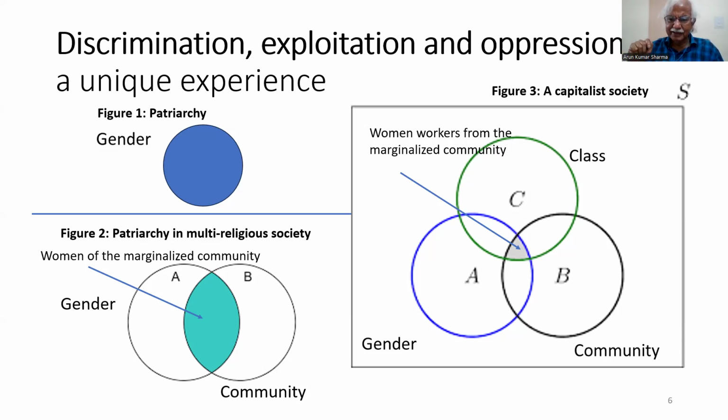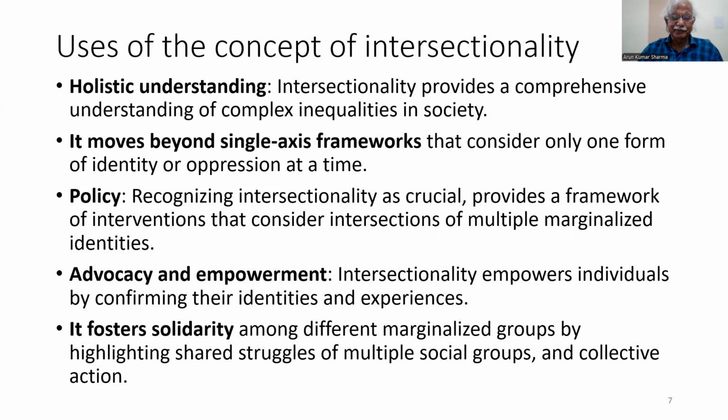And the area of intersection that has become a very small area now, that small area of intersection is the area which represents women workers from the marginalized community. So they are women in terms of sex, they are women. In terms of class position, they are workers. And in terms of community position, they belong to marginalized community.